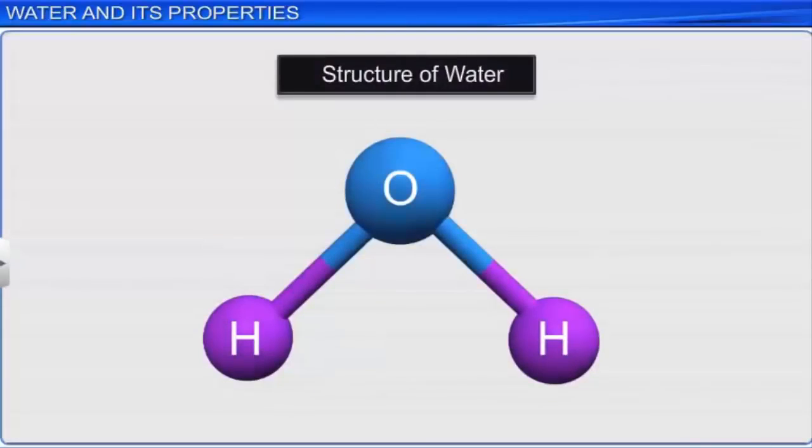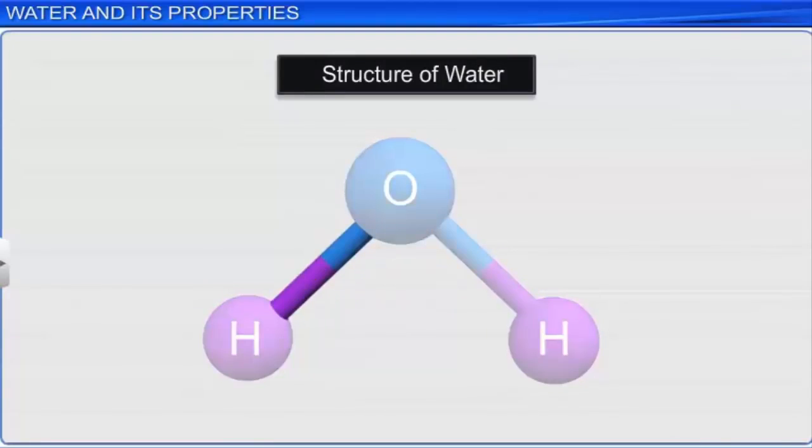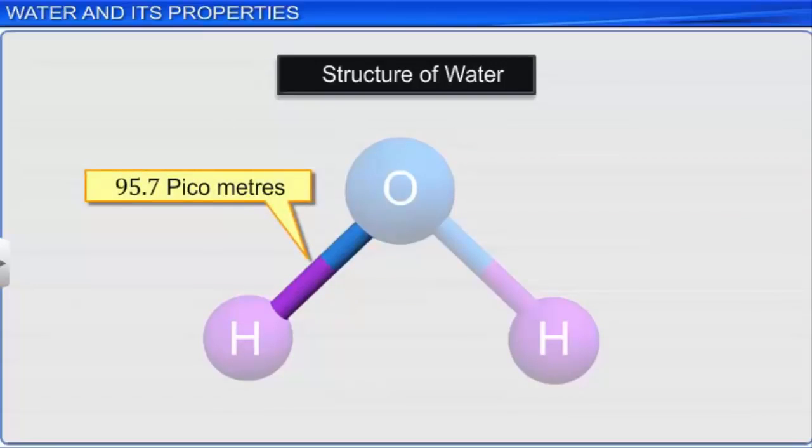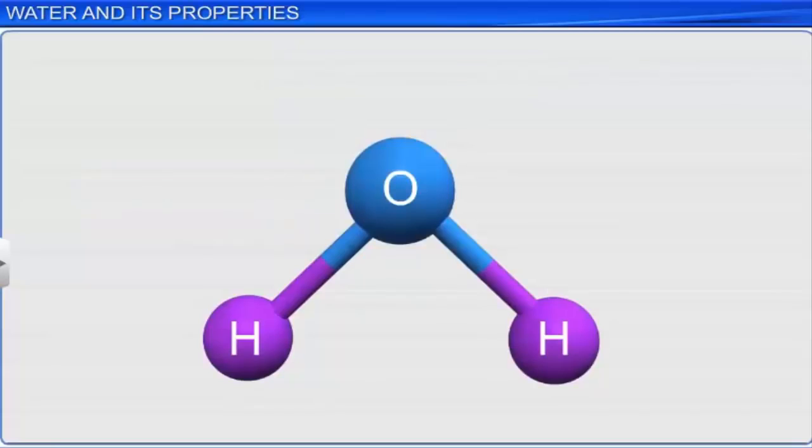The shape of the water molecule is bent or V-shape with a bond angle of 104.5 degrees and an O-H bond length of 95.7 picometers. In the water molecule, as the oxygen atom has a higher electronegativity than the hydrogen atom, it carries a partial negative charge, whereas the hydrogen atom carries a slightly positive charge.